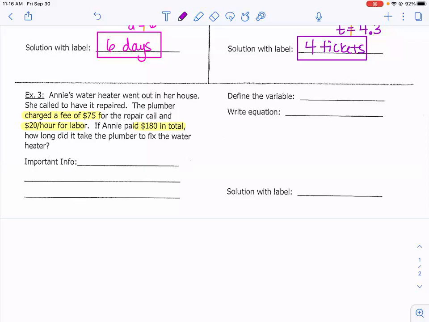So we just do it like 5.25. Because if you think about the solution, does it make sense if somebody spent 5.25 hours working on something? Yeah, that's like 5 hours and 15 minutes. So that's fine to have a decimal answer.